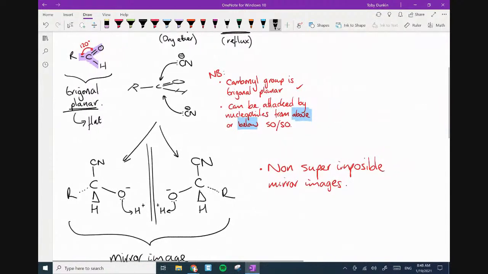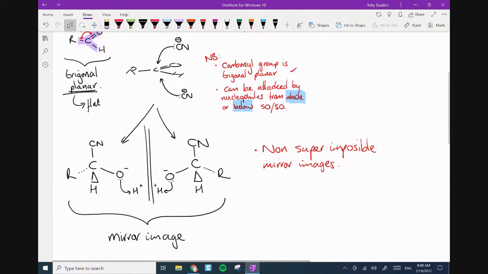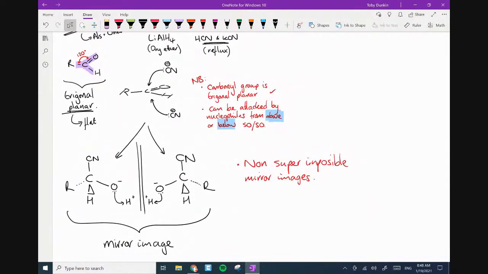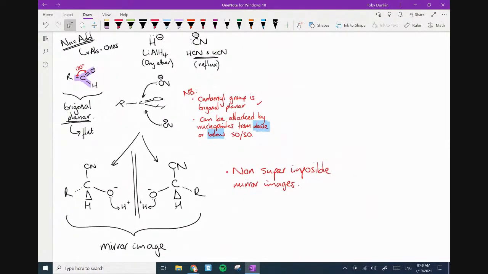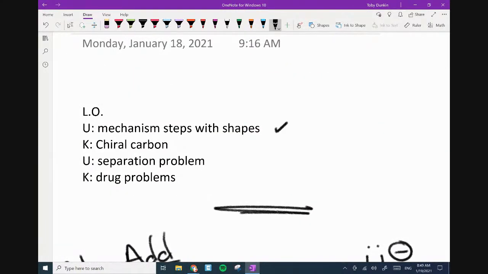I have to say, what an interesting diagram that is to draw. It's a very bizarre way of seeing that mechanism happening in two fashions. But the point being is we can take this off and say we understand that nucleophilic addition follows a trigonal planar starting shape.